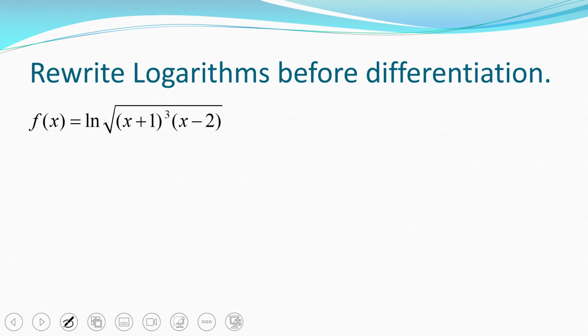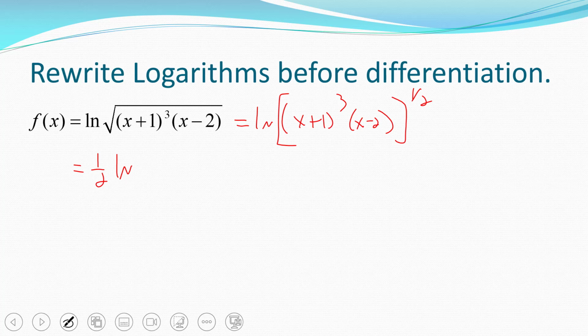So for example, here, I could write this as, instead, the natural log of x plus 1 cubed times x minus 2, where this entire thing is to the 1/2 power. So I can take the half power out, get 1/2 times the natural log of the x plus 1 cubed times x minus 2.